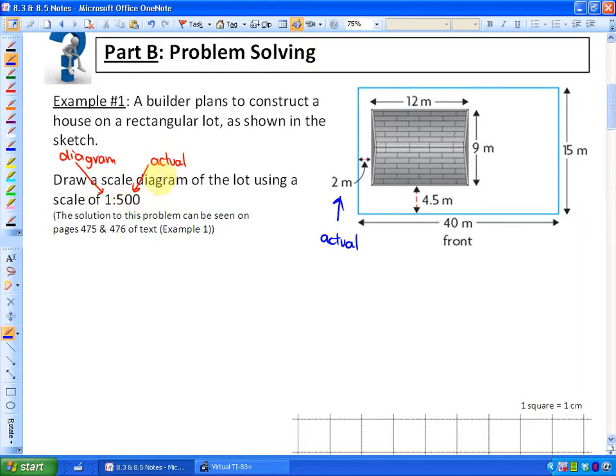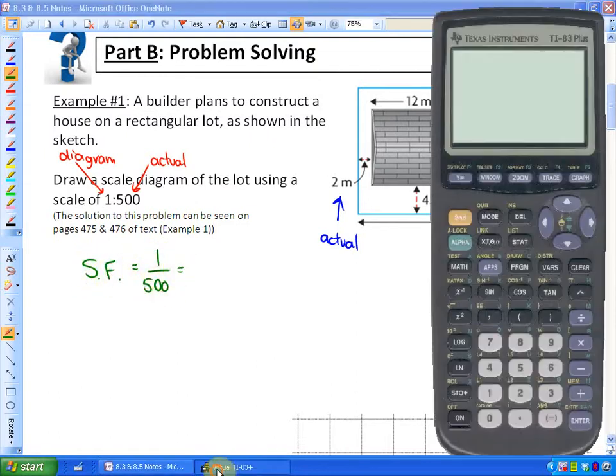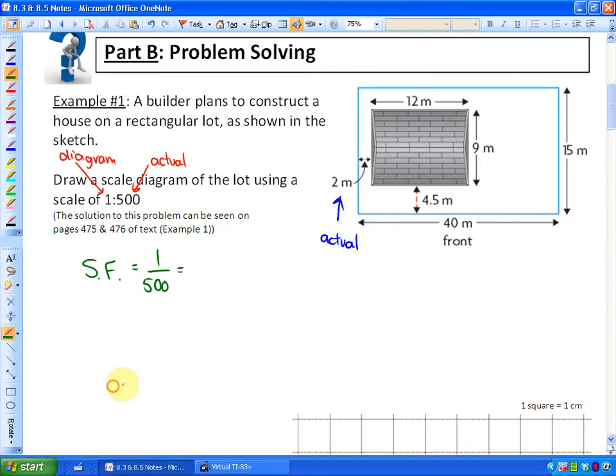There are two ways of calculating the diagram measurements, which have to be 500 times smaller than these measurements. One way is to use a scale factor. We know it's 1 over 500, and if I divide that on my calculator, that's 0.002.